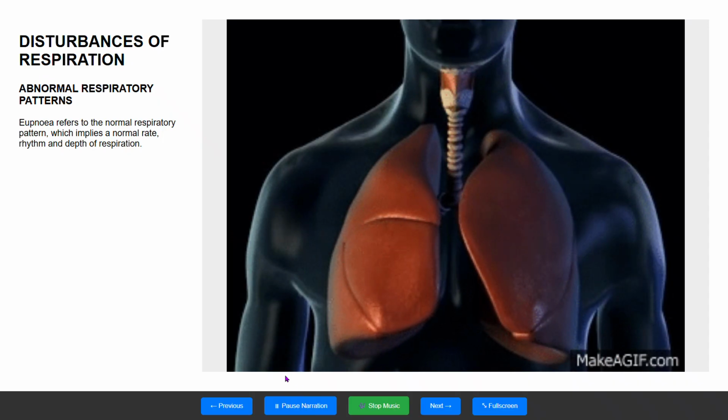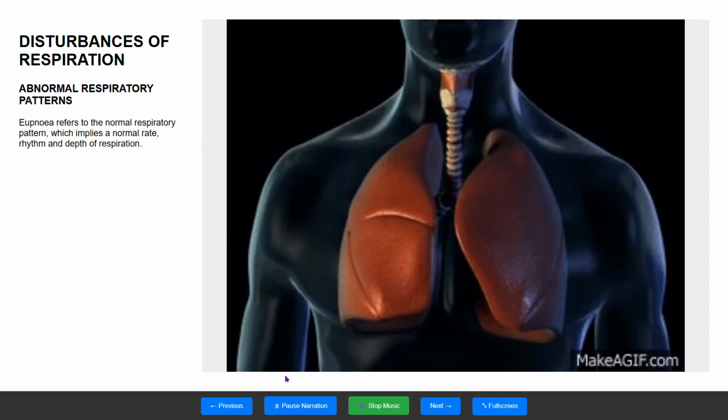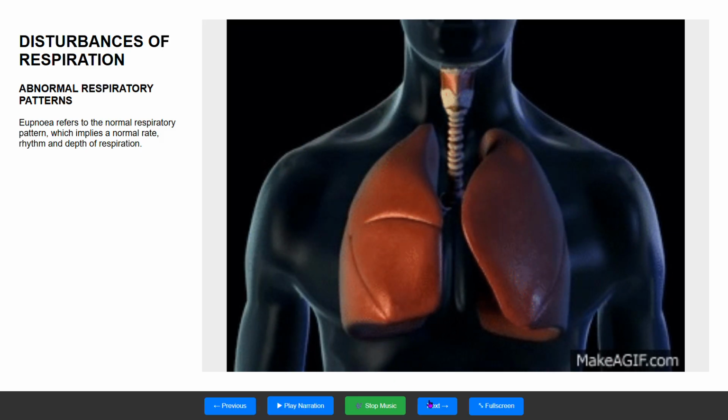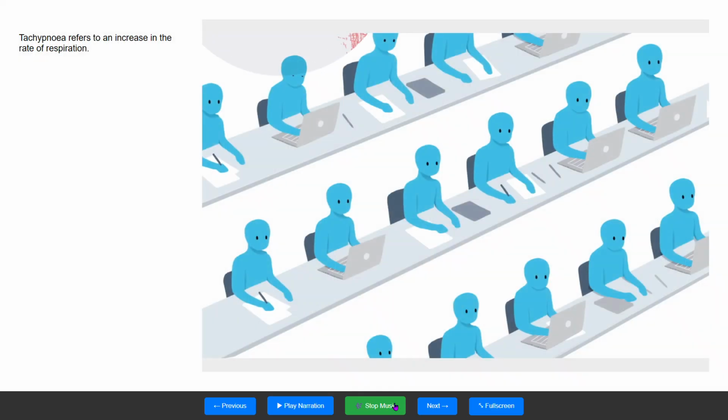Eupnoia refers to the normal respiratory pattern, which implies a normal rate, rhythm, and depth of respiration. Tachypnoea refers to an increase in the rate of respiration.